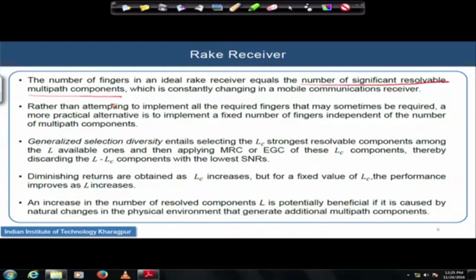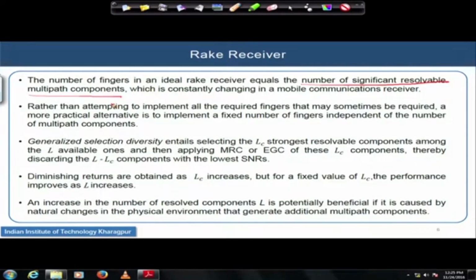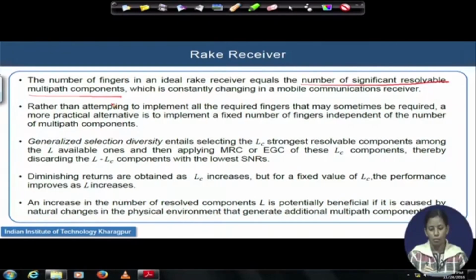But in practice, we understand that it is continuously changing in a mobile communication receiver, and instead of dynamically choosing the number of fingers on the fly in a practical communication system, what we do is we fix it to a high number, and out of those fingers, for currently how many are giving a significant result, we try to combine only those in the combiner. And that is a generalized selection diversity, that entails selecting this LC number of the strongest resolvable multipaths among all the capital L available multipaths.